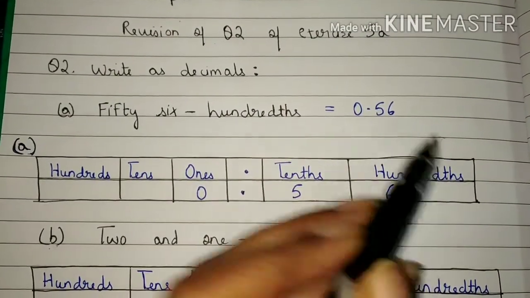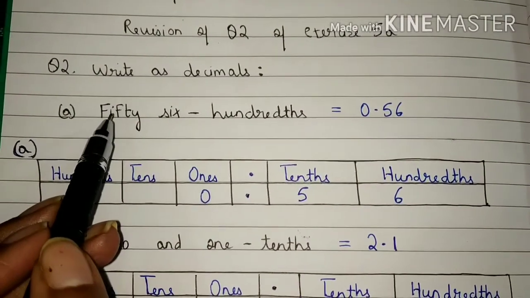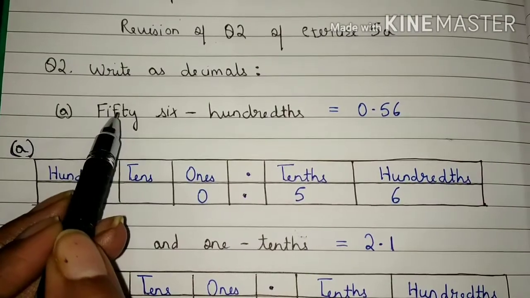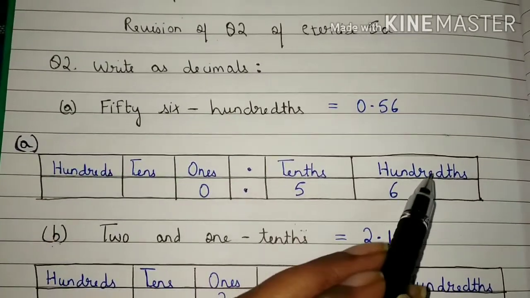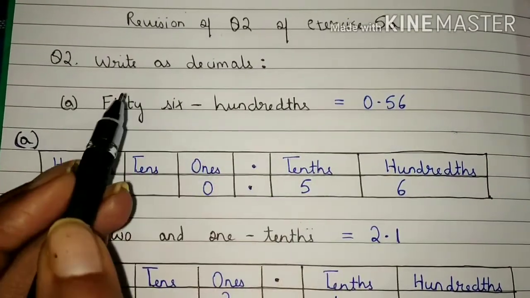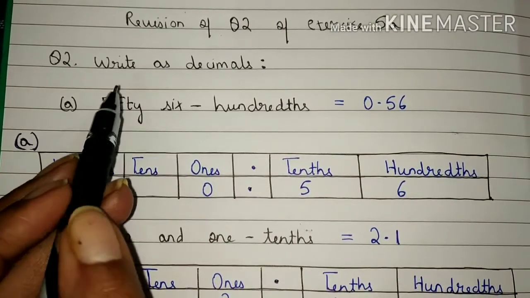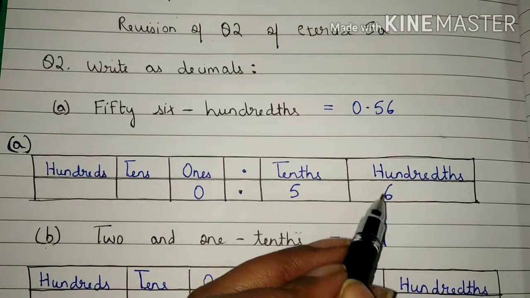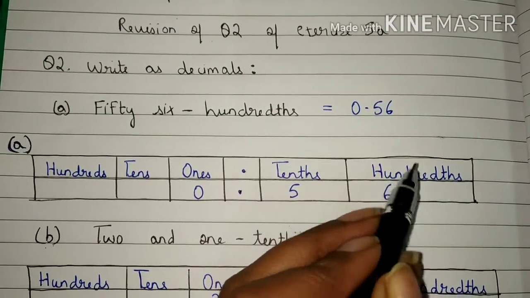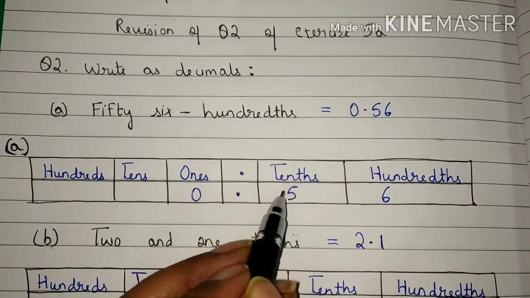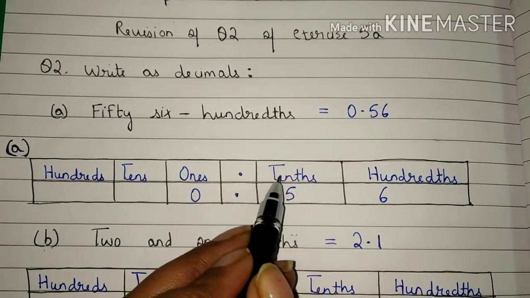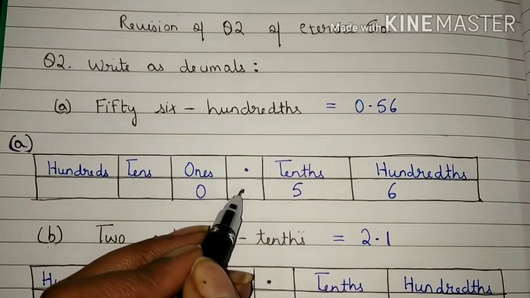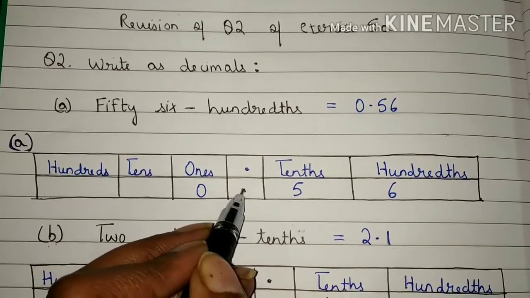So students, you will write 56 after the decimal point here. You will write 6 at hundredth place, 5 at tenth place. Students, here is a decimal point, so you will put a decimal point here also.